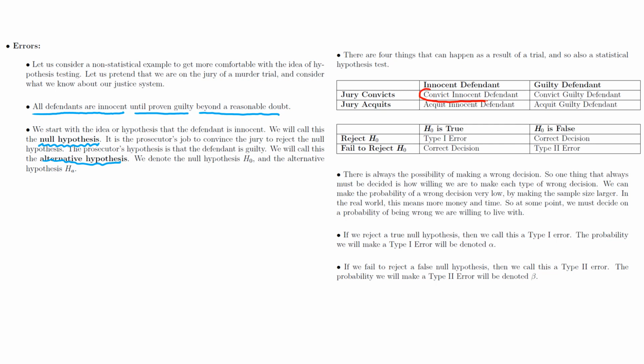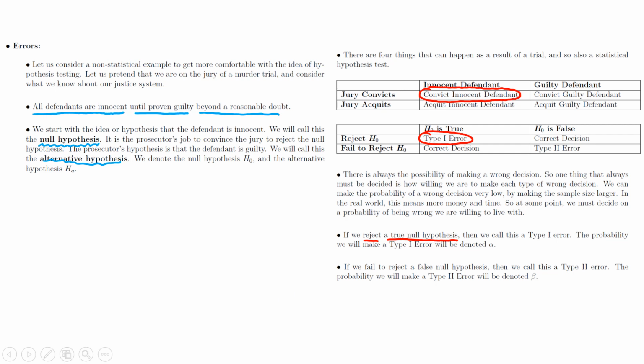So in our analogy, convicting an innocent defendant would mean that we've rejected the null hypothesis that they're innocent, even though they actually are. So this is what we refer to as a type 1 error. So a type 1 error is rejecting a true null hypothesis. So that's one type of error that can occur.